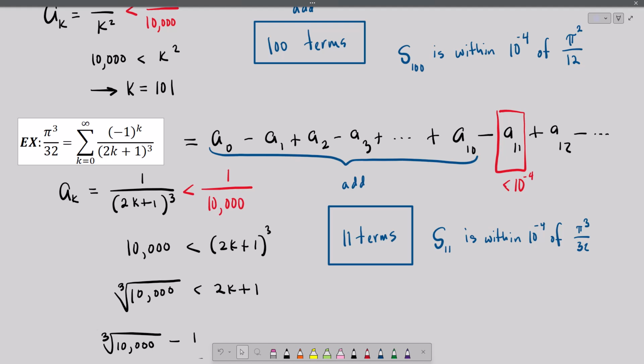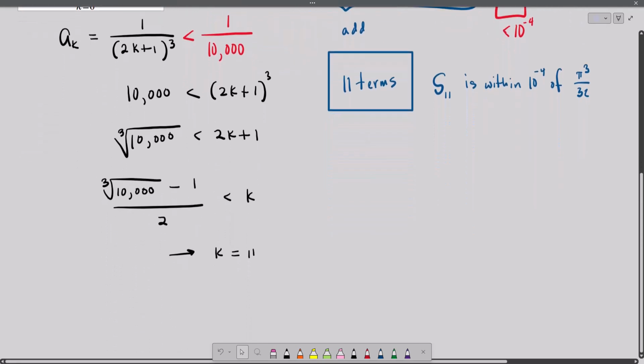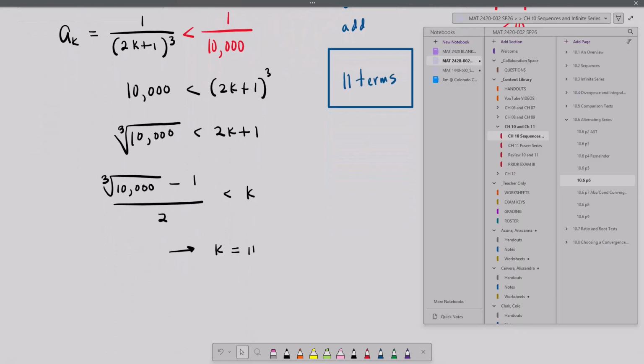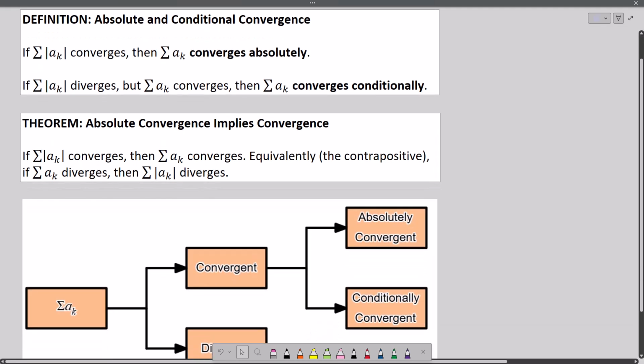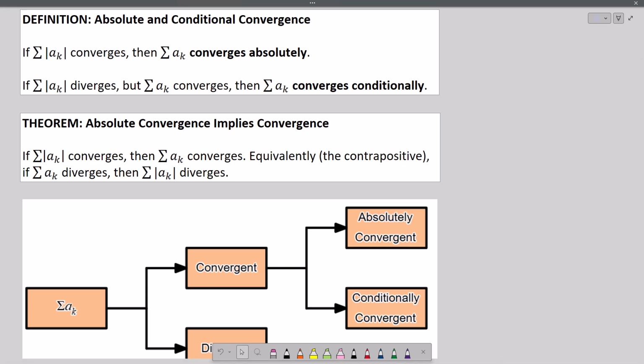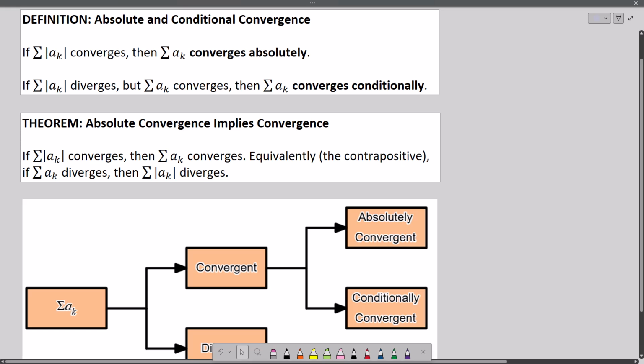If you take away the switch and it decreases to 0, it's going to converge as an alternating series. So, when you have an alternating series that converges, there are 2 classifications of that convergence. That convergence can either be absolute or conditional.